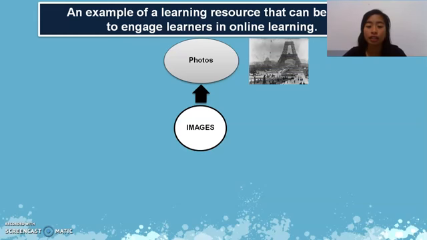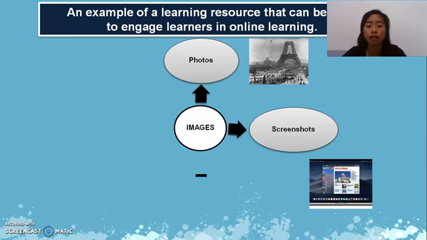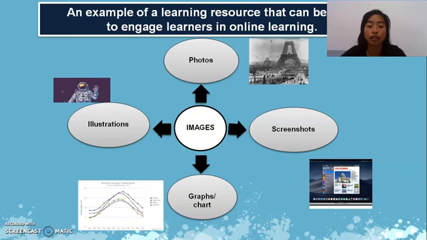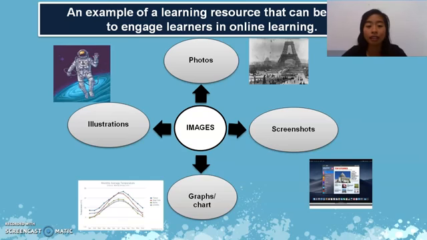When we see a picture, we can observe, for instance, what happened at the Eiffel Tower, and it's easy to observe. Then screenshots, graphs, charts, and the last is illustration. And I think images engage the learner to learn in online learning.